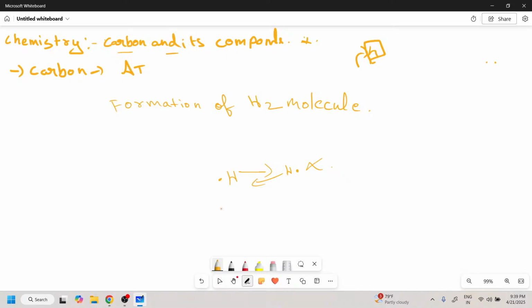To just tell you the difference, I'm just doing it like this, but the actual thing is like this. Okay. So when this gets circled, this gets circled, forming a single bond, H bond H.